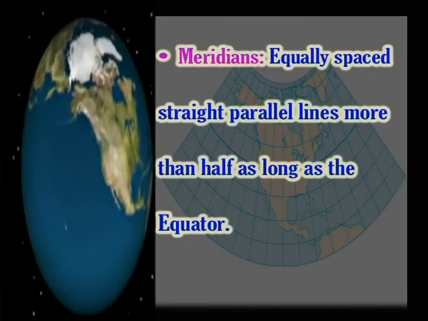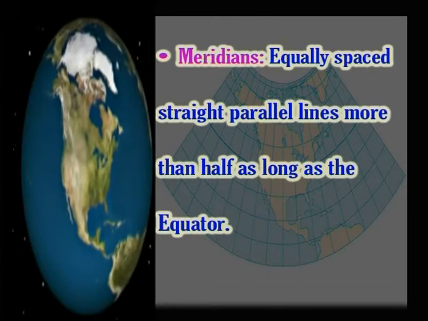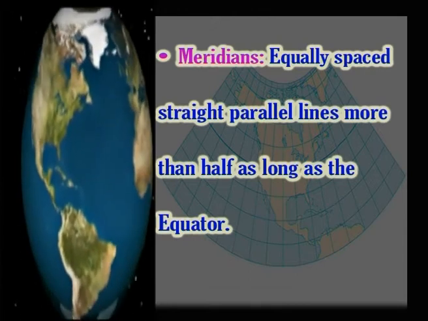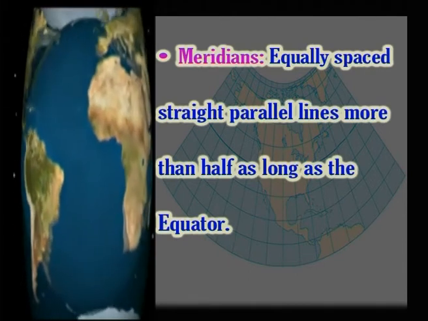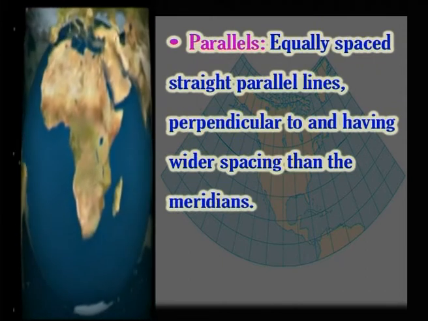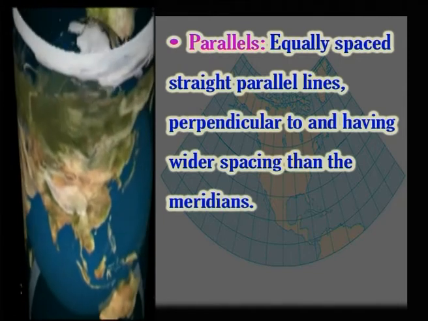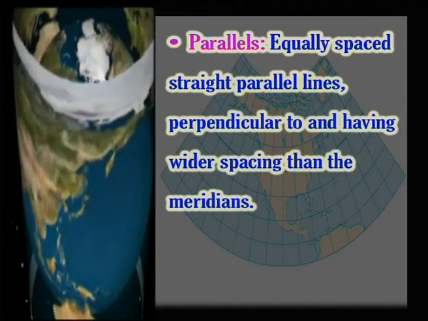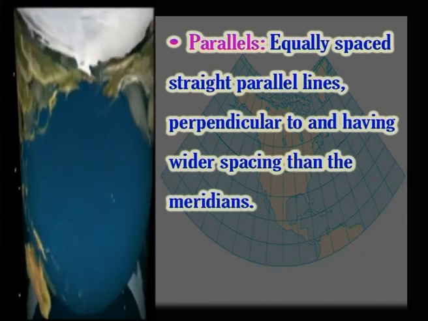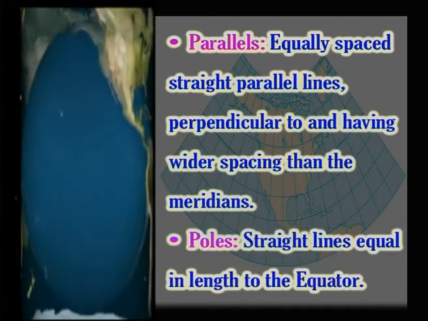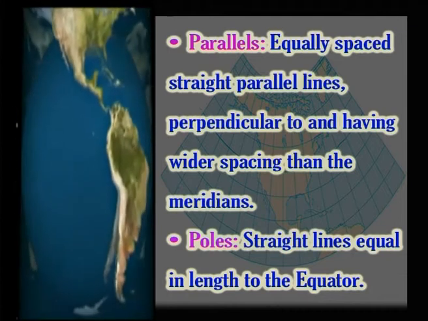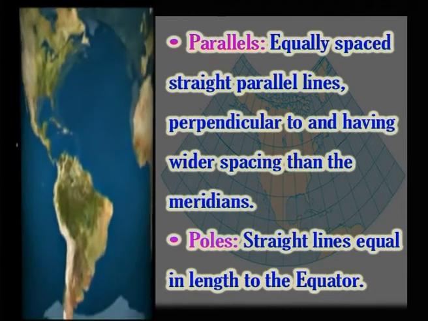The graticule of equidistant are meridians, parallels and poles. The meridians of this equidistant are equally spaced straight parallel lines more than half as long as the equator. The parallels of equidistant projection are equally spaced straight parallel lines perpendicular to and having wider spacing than the meridians. The poles are straight lines equal in length to the equator.